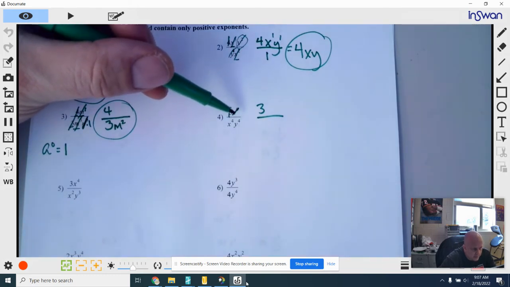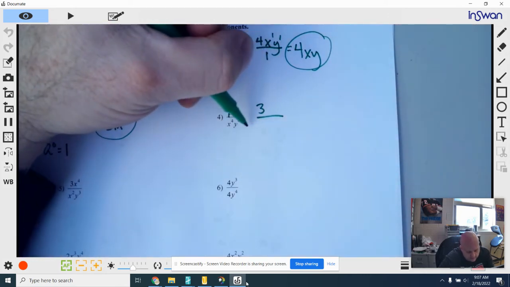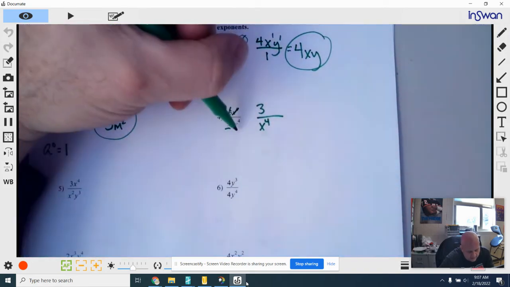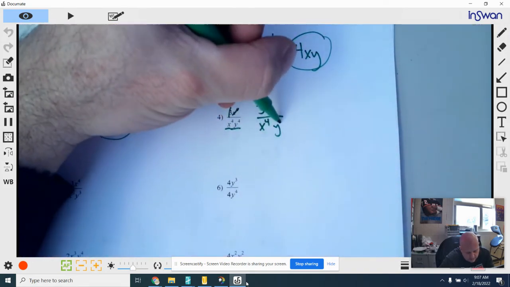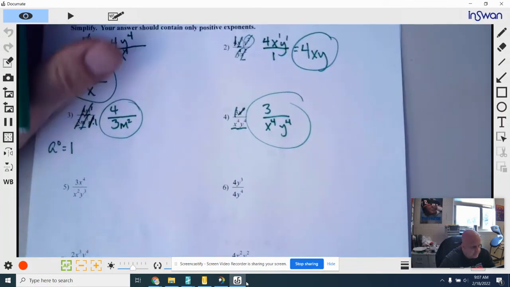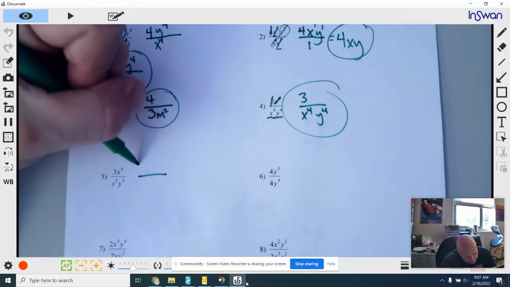The 0 power is only attached to the x. So then you look and see what's left. Well, there's 4 x's on the bottom that don't simplify with anything. And you got 4 y's on the bottom that also don't simplify with anything. So that's it.